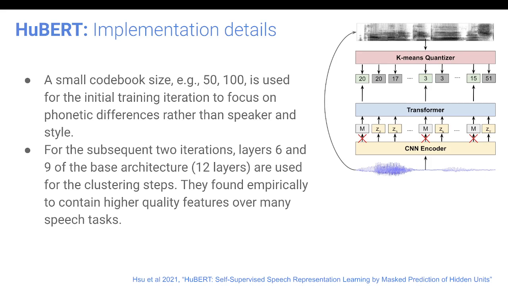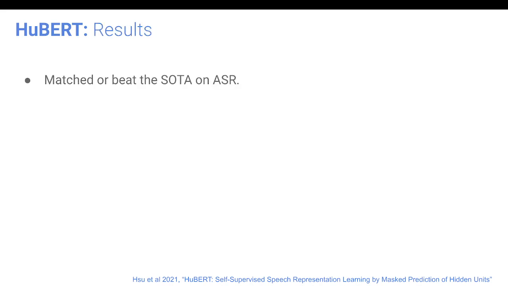On average, some of them will be slightly similar to layer 11 or layer 7, etc. But at the end of the day, a good rule of thumb that was found to work very effectively was to use layer 6 and layer 9 of the base architecture to do the subsequent iterations of HuBERT to get good representations.